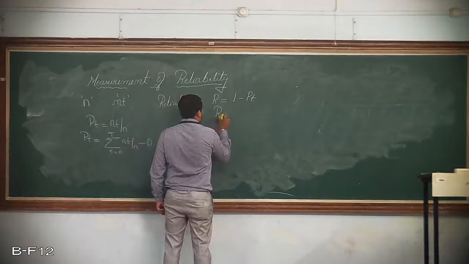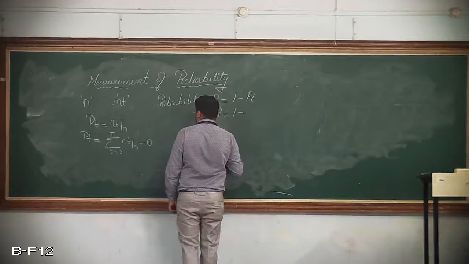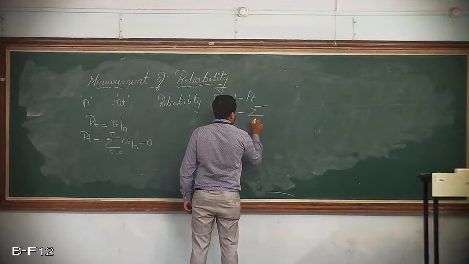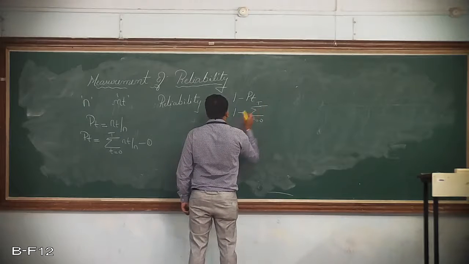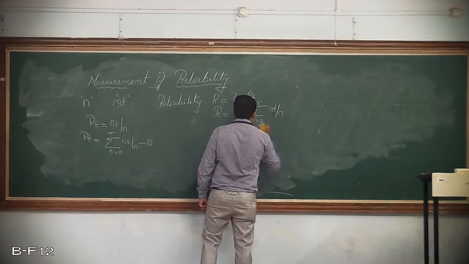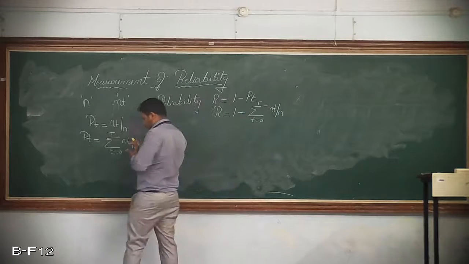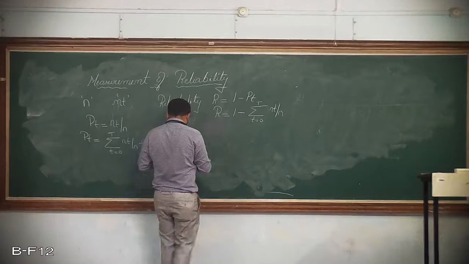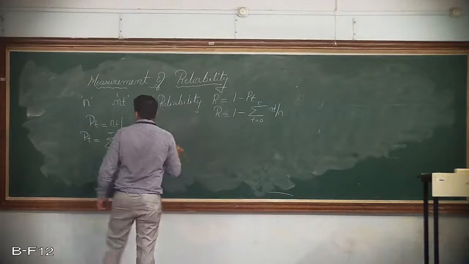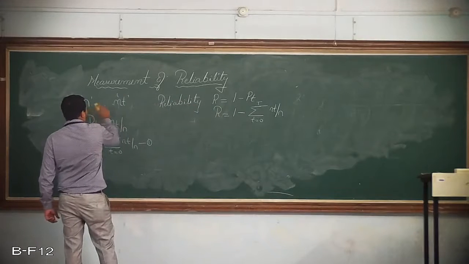So to substitute that, it will be 1 minus the summation from the starting to lifetime t of Nt by N. But we have considered only a small sample from a group.